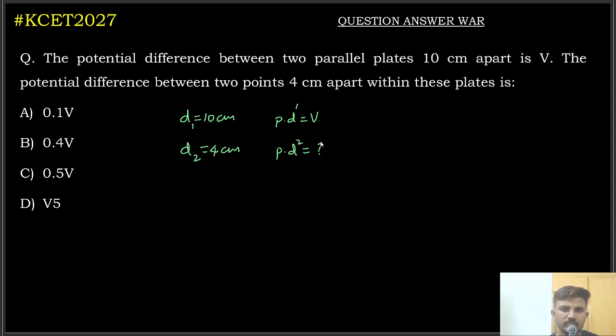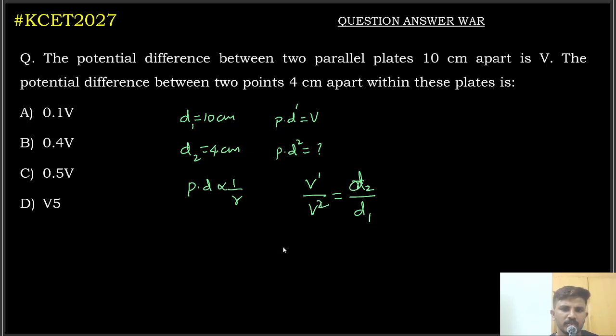Since we can consider potential difference is inversely proportional to distance, we can take V1 by V2 is equal to D2 by D1.